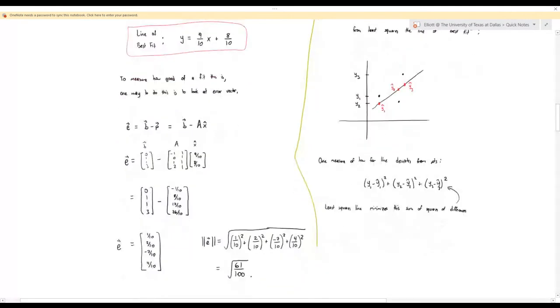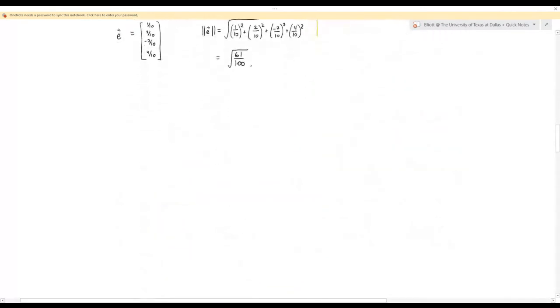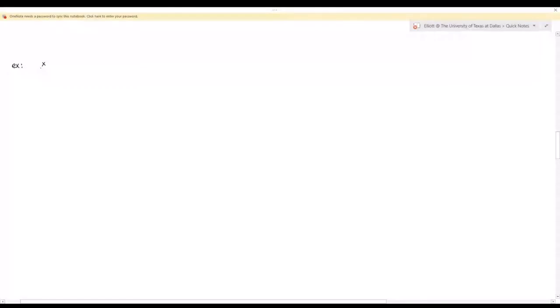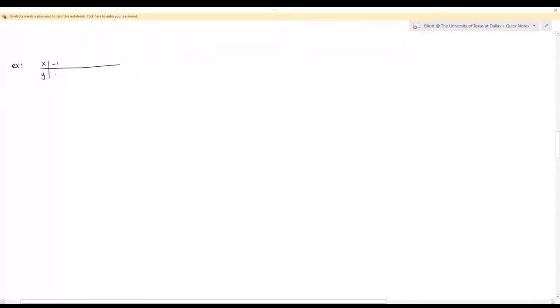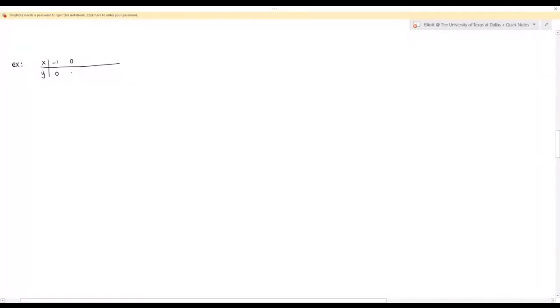Now let me do another curve fitting example, at least setting it up. Maybe for the sake of time, I won't work it out completely. Let me go back to the same 4 data points that I used in the last example.